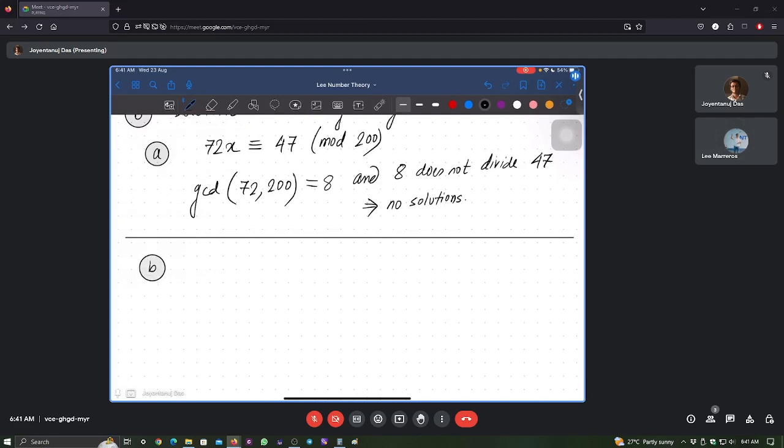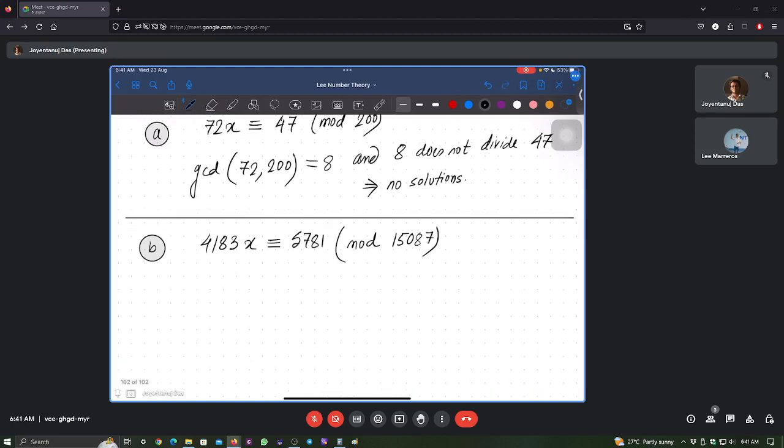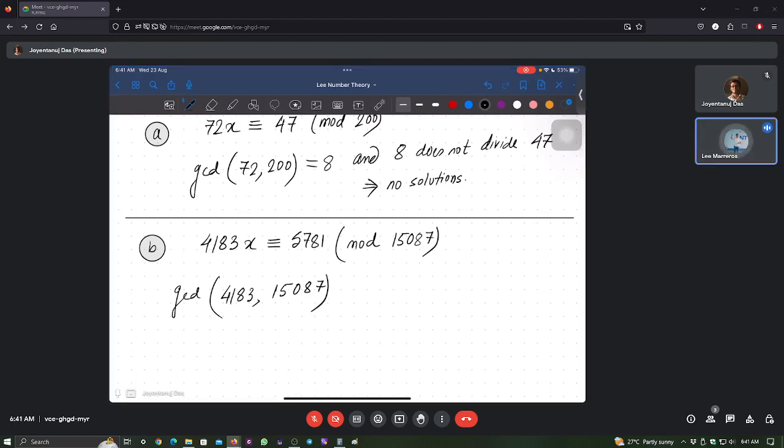What about part B? It is 4183x is congruent to 5781 modulo 15087. You can check using some calculator. What will be the GCD, or what is the prime factorization? From there we can get the GCD. Let's see.